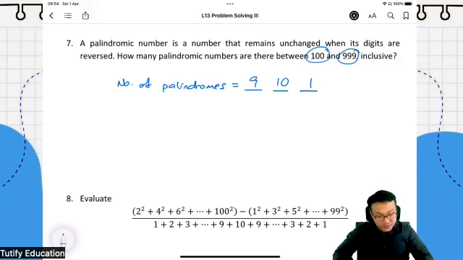Correct. So if I already chose my first digit, let's say I chose the number 5, then how many options do I have for the last digit? Only one, and that will be the number 5. Very good, you understand. Well done. So you only have one option for the last digit, okay? Because the last digit must be exactly the same as the first digit.